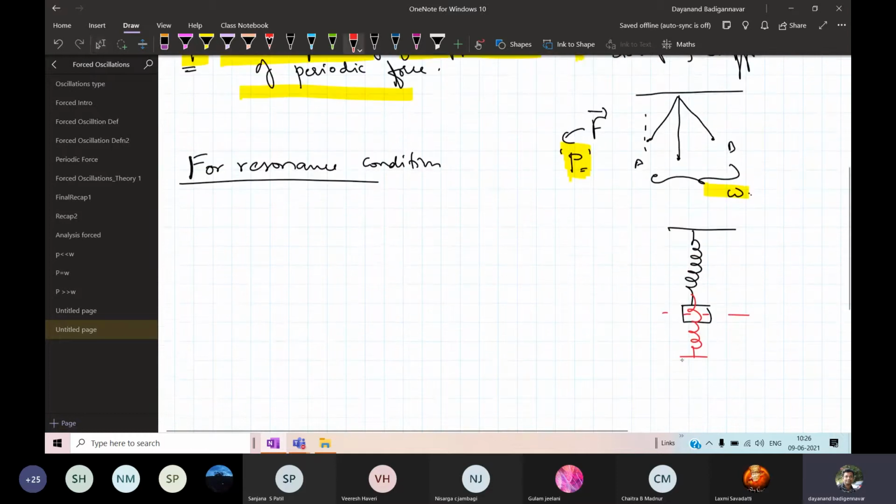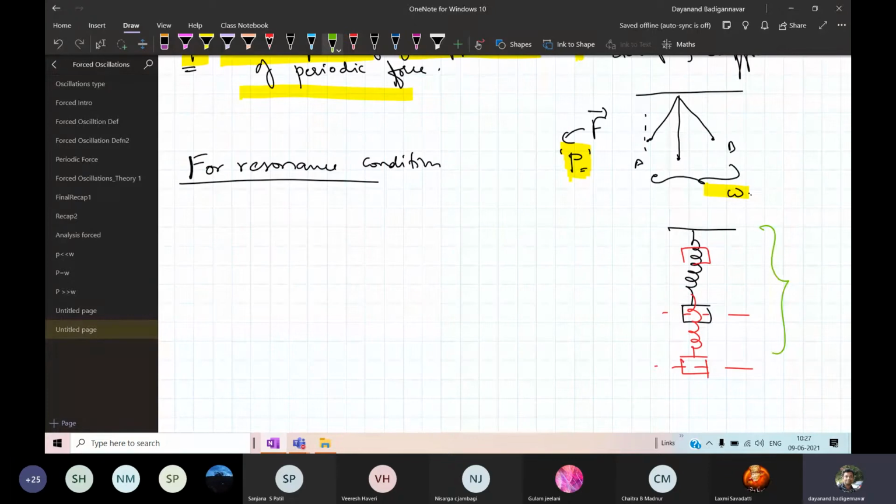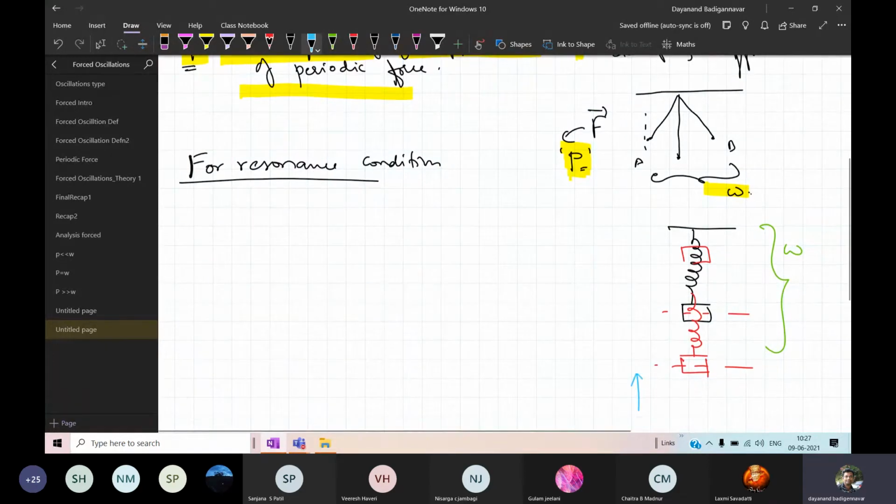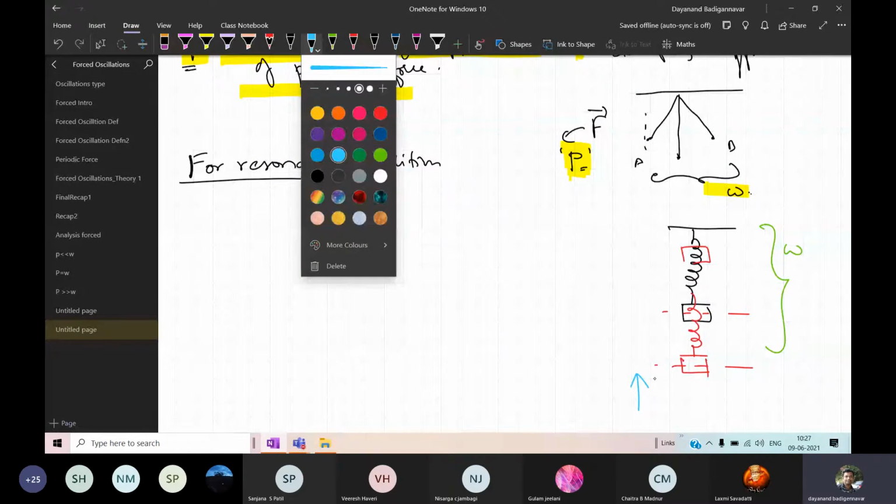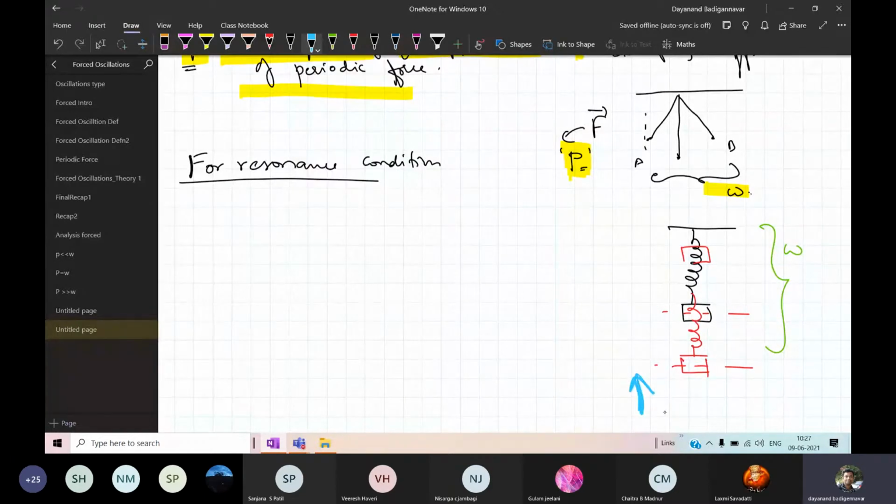What is the frequency of oscillation? The natural frequency of the oscillation is omega. Now I want to keep the oscillations intact. How? By applying a force. This is the direction of the applied force.